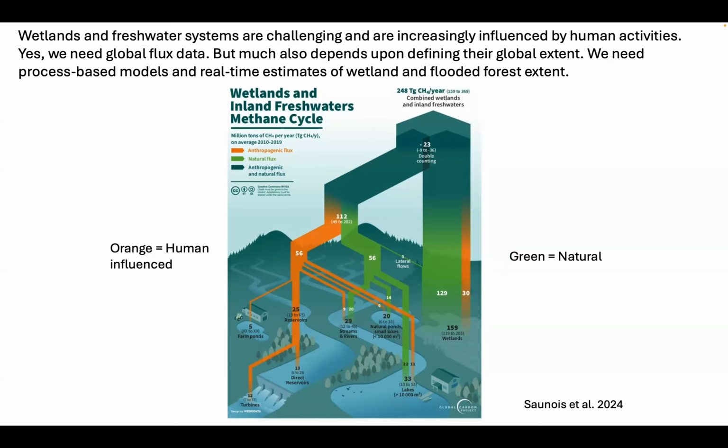But we also are working on defining the global extent of wetlands and freshwater systems more. So we need the activity factor as well as the emission rate to make a good prediction. So we have to think about more than the flux rates. And I think I'll just stop there.